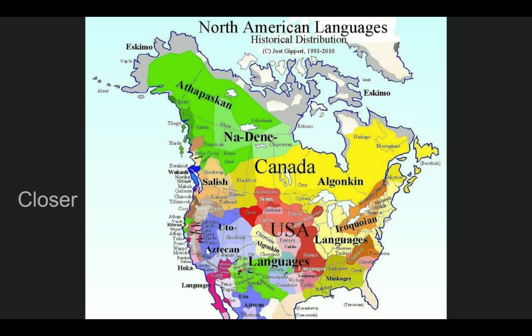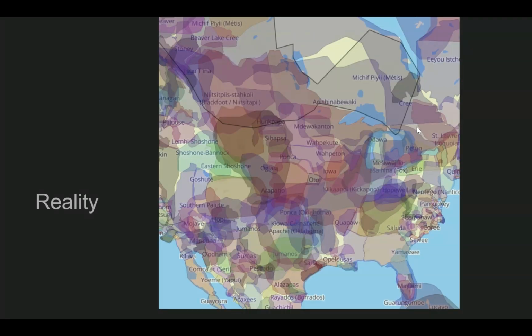I mean, just consider the amount of different languages spoken across America and Canada. And in fact, when it comes down to it, here's more of the reality of the different Native American distribution. So there's this idea of primitivism that came about in the 1800s.